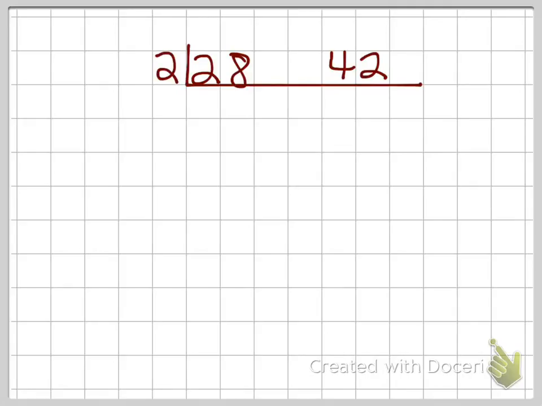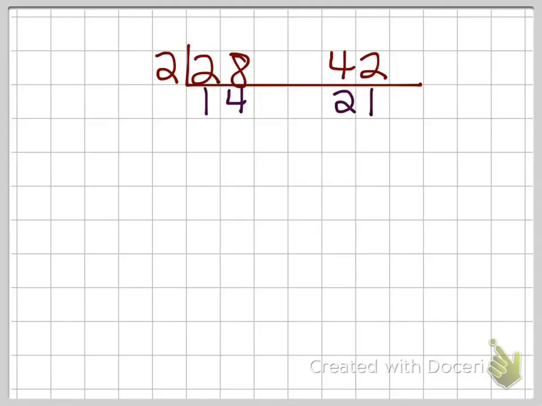Let's try another example. Let's say that I'm looking for the GCF and LCM of numbers that you really don't think about very often, 28 and 42. Here I'm going to work with 2 just like I did before, just so that I have a starting place. 28 divided by 2 is 14. 42 divided by 2 is 21.